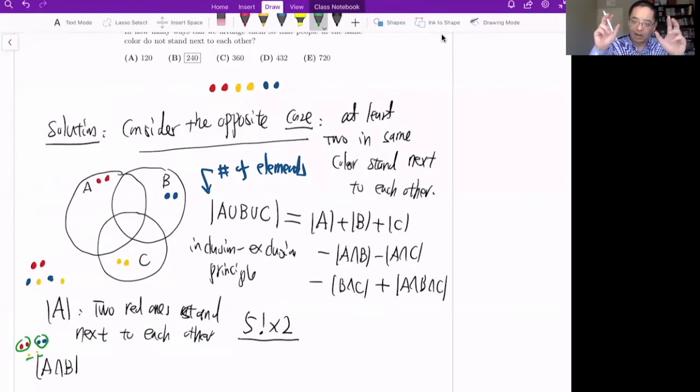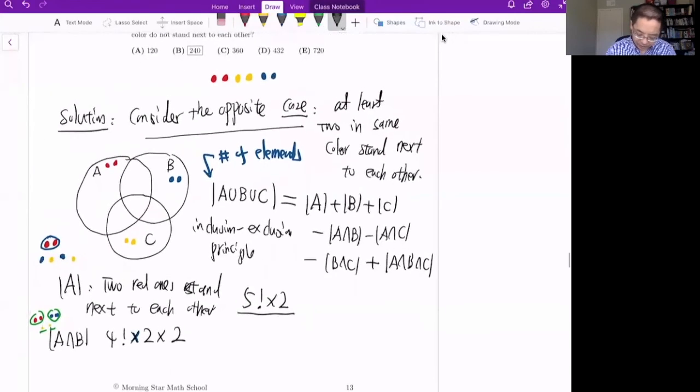Because if they stand next to each other, you can count them as 1. All right, so in this case, we have 4 factorial, right? So we can combine them right here. So this will be 4 factorial, and then you can switch the red ones, and you can also switch the blue ones. So this is what you have at the intersection. All right, so now let's calculate the intersection of all 3, right?